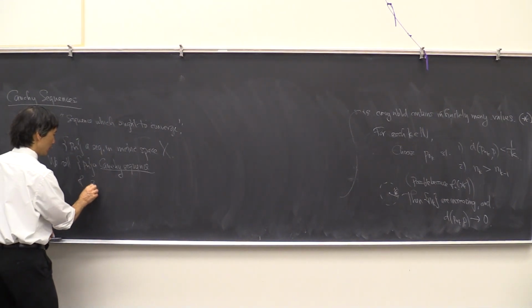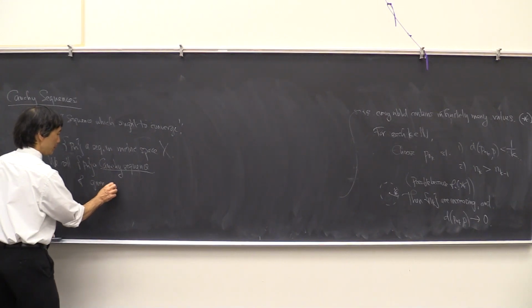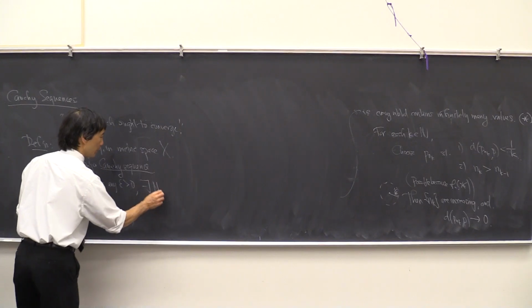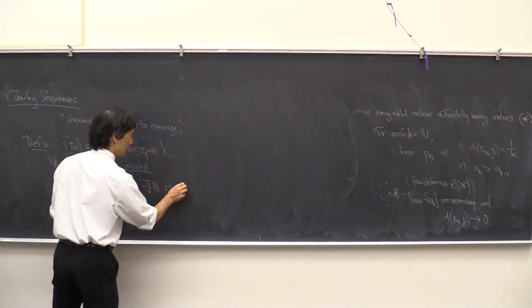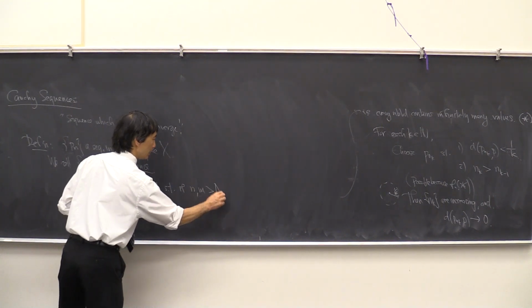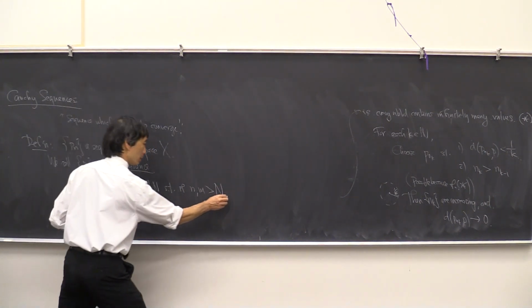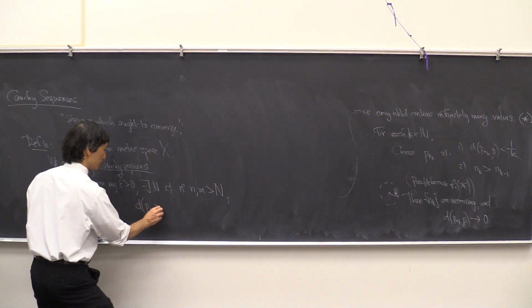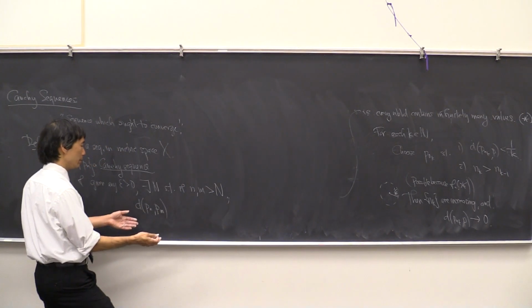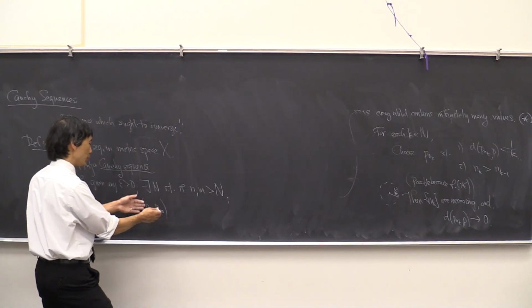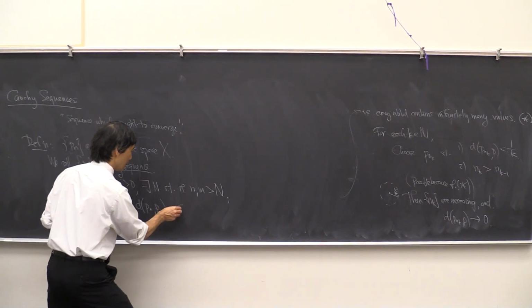Given any epsilon, there exists a time such that if you have two indices beyond that time, then the corresponding values are within epsilon of each other.